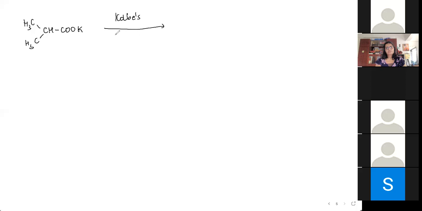So I did Kolbe's electrolysis on this particular compound. What is the IUPAC name of the alkane that I get? And of course, you have your regular side products.